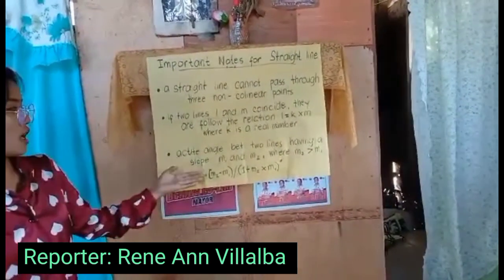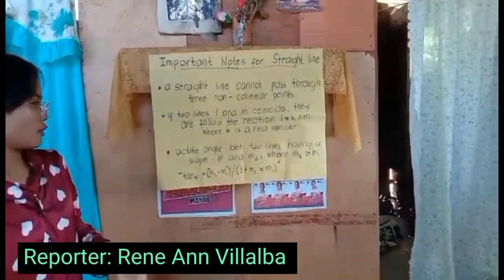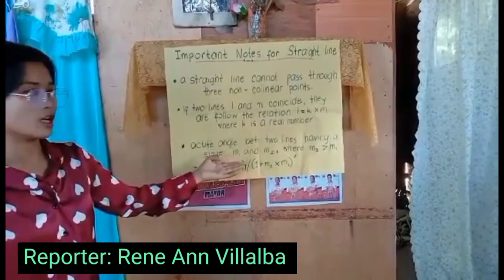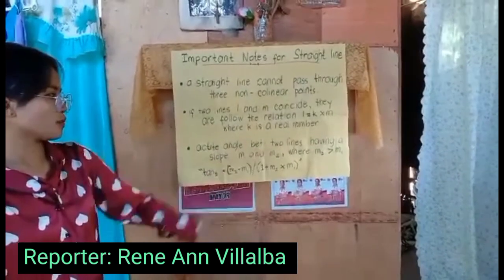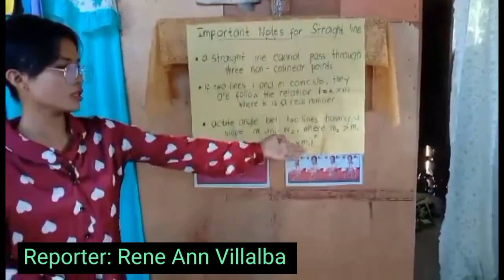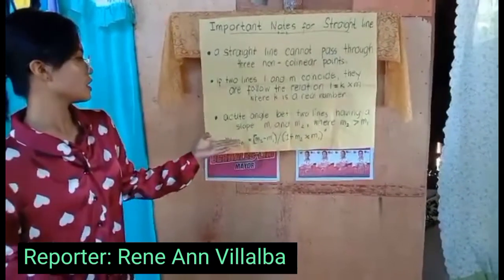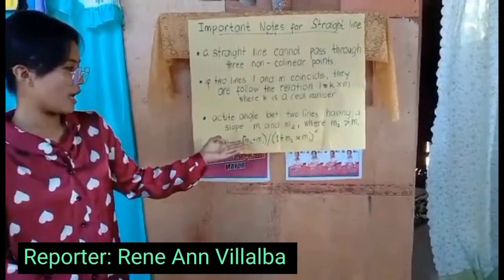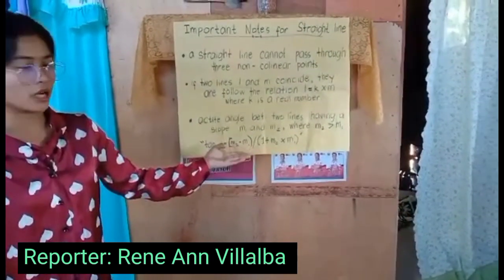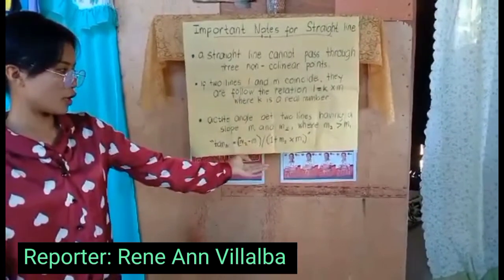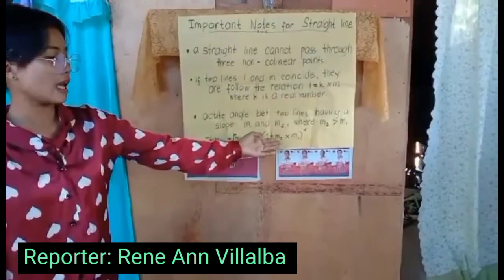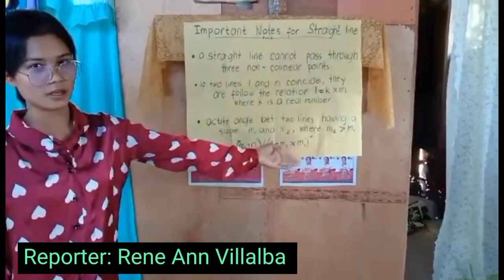Third, the acute angle between two lines having slopes m₁ and m₂, where m₂ is greater than m₁. This is the formula: tan B = (m₂ − m₁)/(1 + m₂m₁).